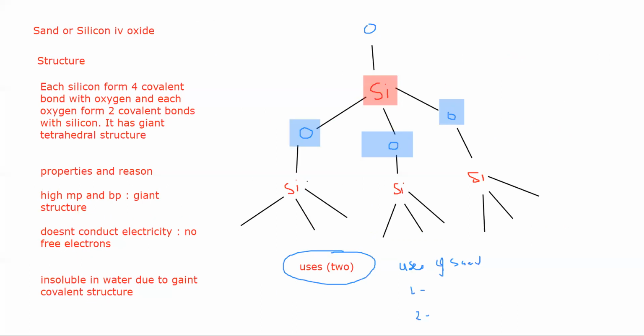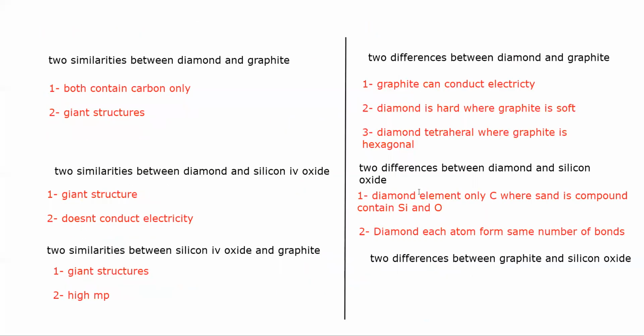The first difference is the same as with diamond, because graphite also contains only carbon atoms. So the first difference is the same, in which graphite is an element, only containing carbon.